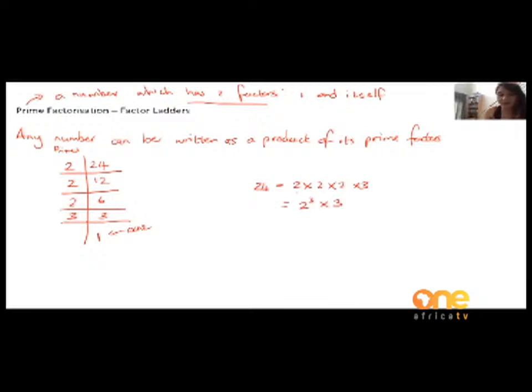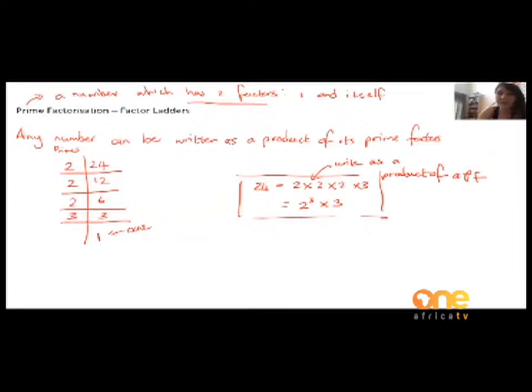And if I calculate this, 2 times 2 is 4, times 2 is 8, so 2 cubed is 8, and 8 times 3 is 24. So I know that I am correct. So this is how I write something as a product of prime factors. And I must say the number is equal to the prime factors that make it up. Okay, so that is a factor ladder as well as prime factorization.